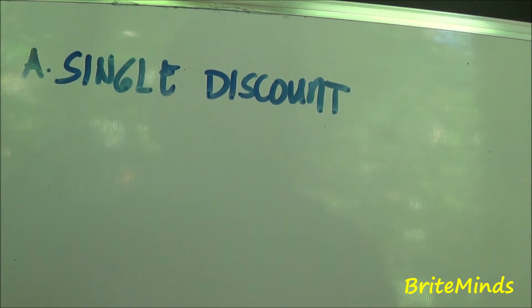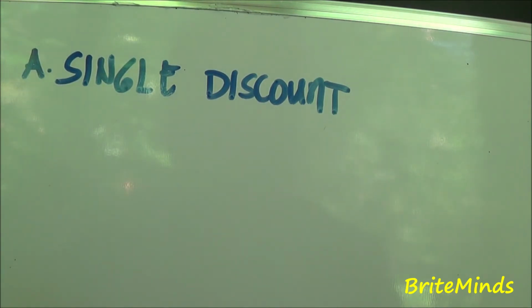We go to the first type of trade discount, which is the single discount. In computing for discounts, make use of our basic percentage formula. Do you still remember the formula for finding the percentage? Dear students, if you don't, you can check our tutorial videos in our YouTube channel Bright Minds.